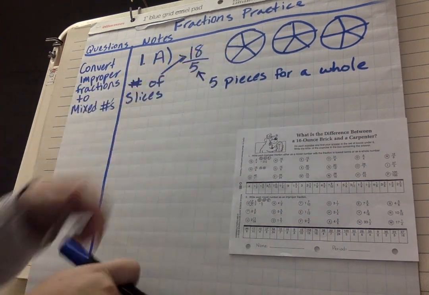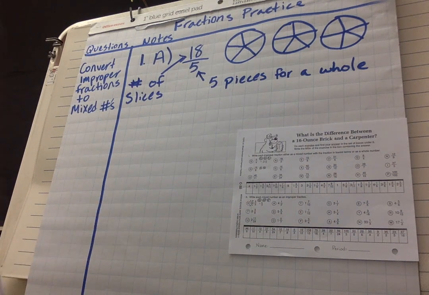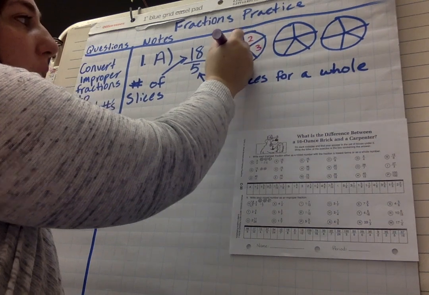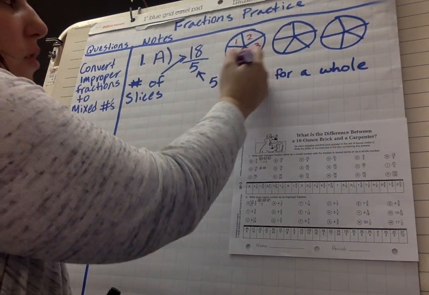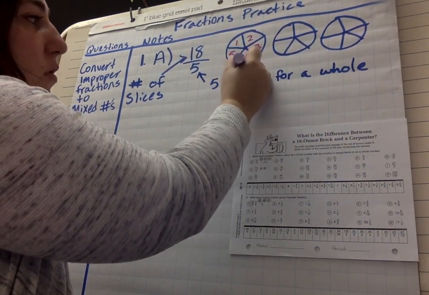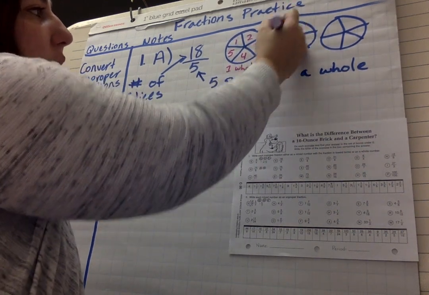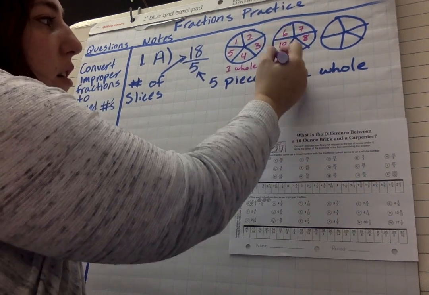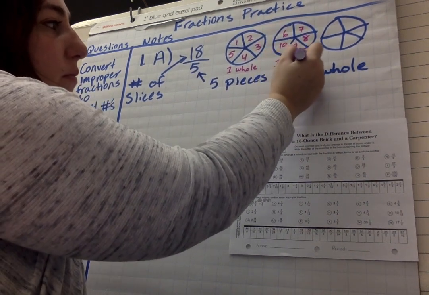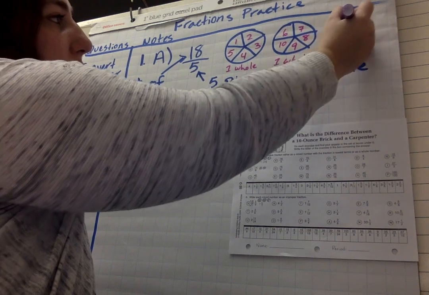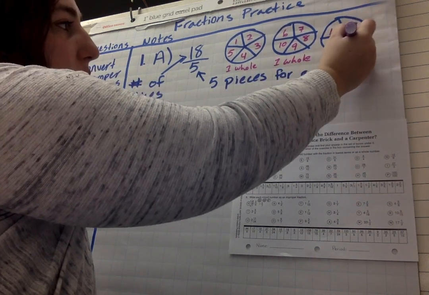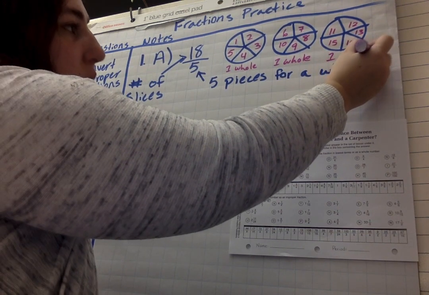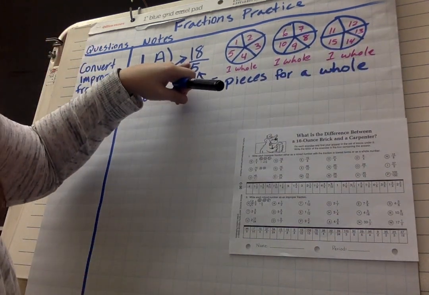Okay, so this is the number of slices. So let's count our number of slices. We have 1, 2, 3, 4, 5. So that's one whole. 6, 7, 8, 9, 10. That's another whole. 11, 12, 13, 14, 15. That's another whole. Okay, did we reach 18 slices?